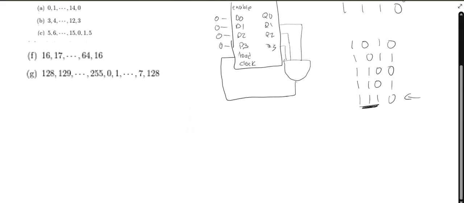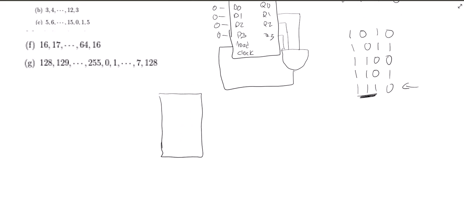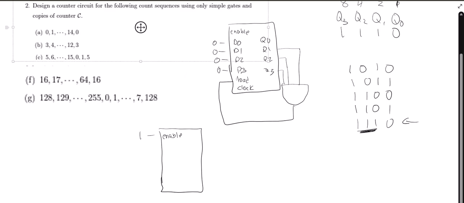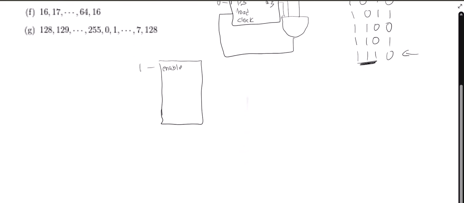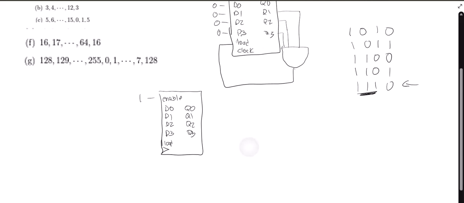Alright, so now we want to go from 3 to 12 and then back to 3. I don't know if I put a 1 in my enable. Okay, so our numbers were 3 and 12.